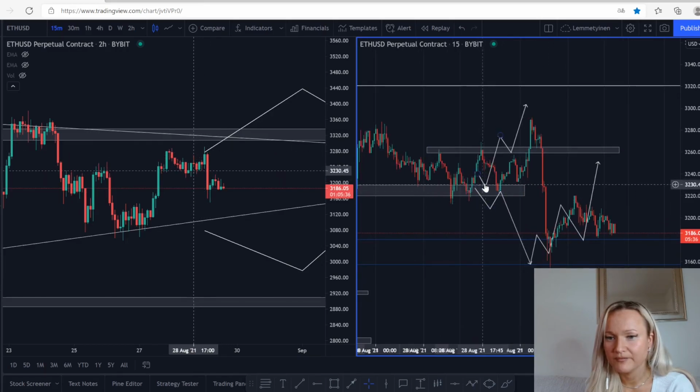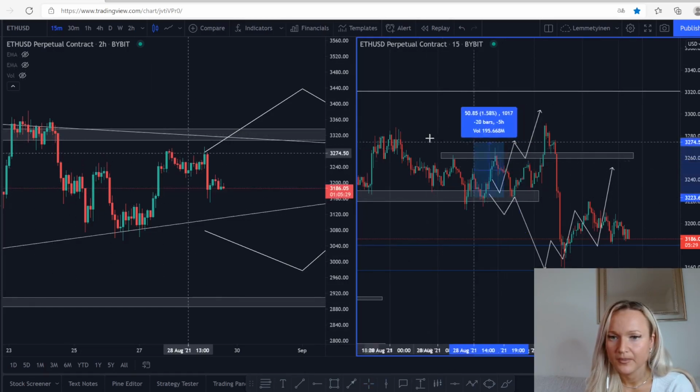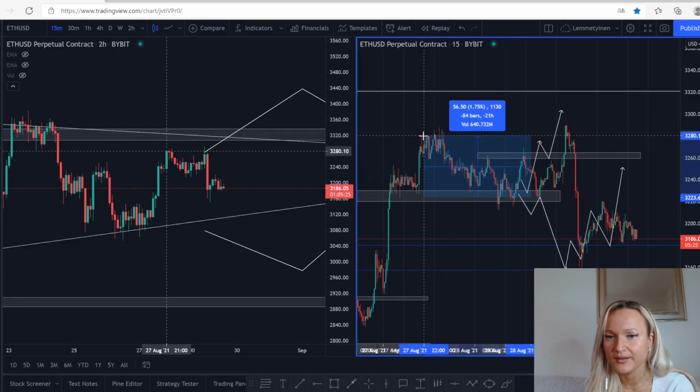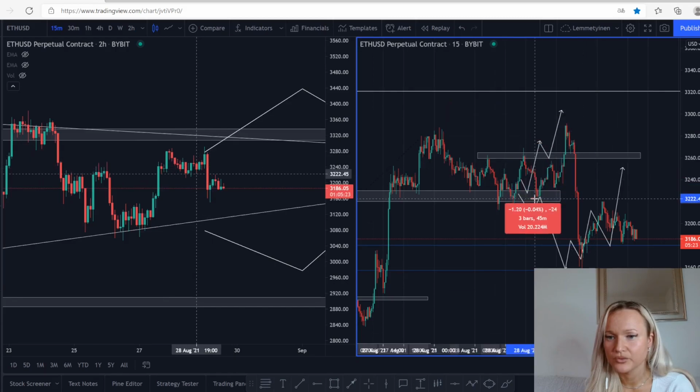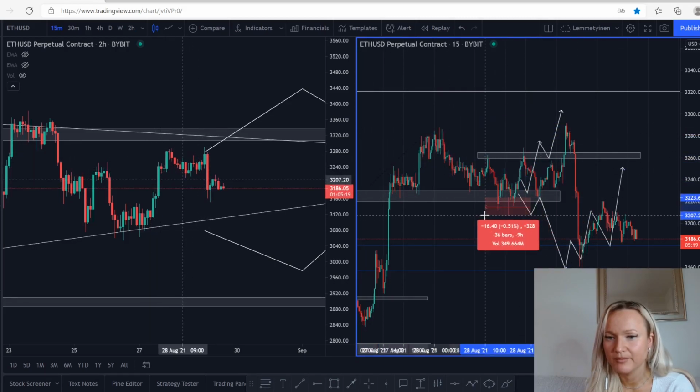So if we would have taken this trade, we would have had our first take profit around here, because that's the previous high. So you always take it from zone to zone. So entry, previous high, and the stop loss would have been just below these wicks around here.